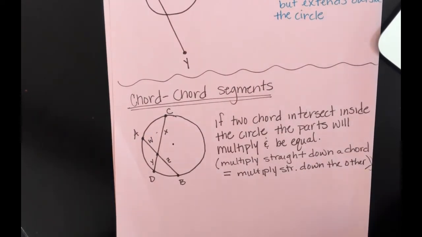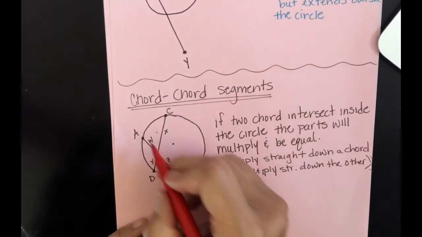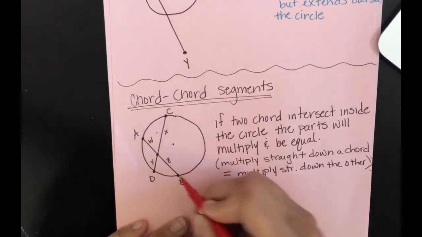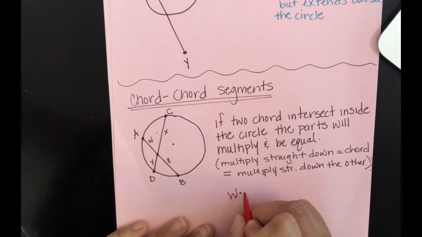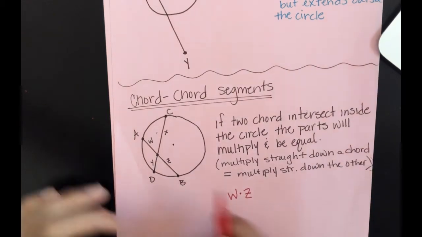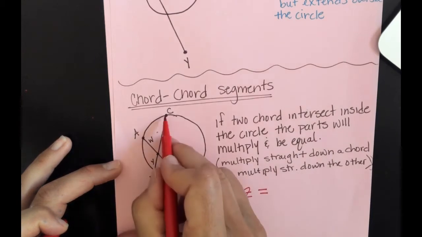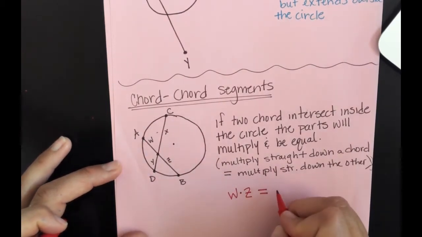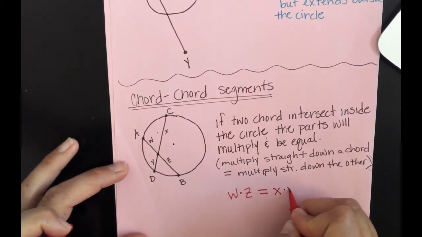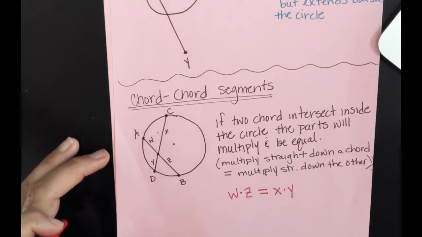So when I look at how this formula is going to look, straight down one chord, that's W times Z, because it's all on chord AB, equal straight down the other chord, that's all on CD. We multiply those two together.